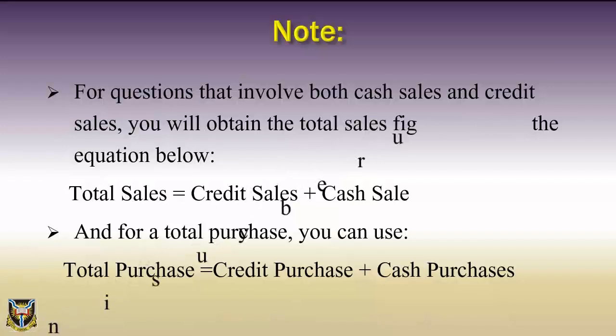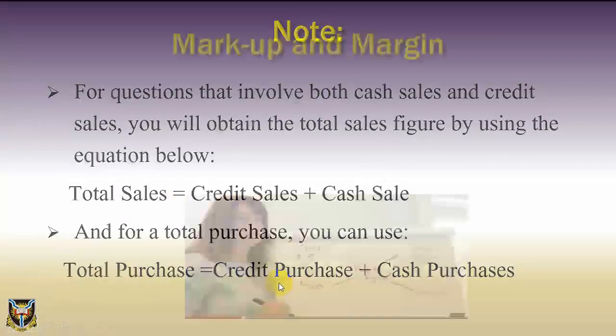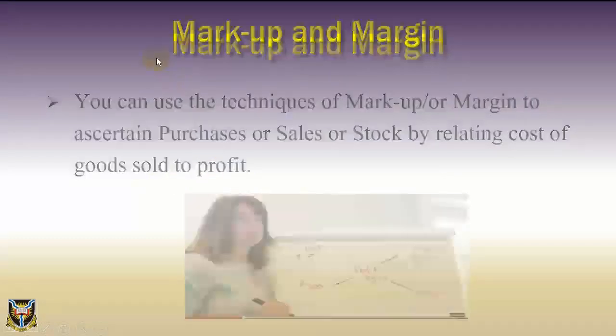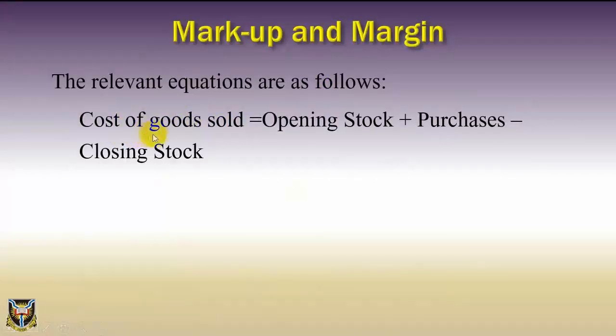D. Markup and margin. You can use the techniques of markup or margin to ascertain purchases or sales of stock by relating cost of goods sold to profit. The relevant equations are as follows. 1. Cost of goods sold is equal to opening stock plus purchases minus closing stock.